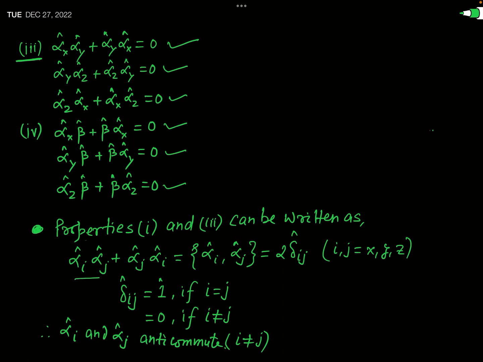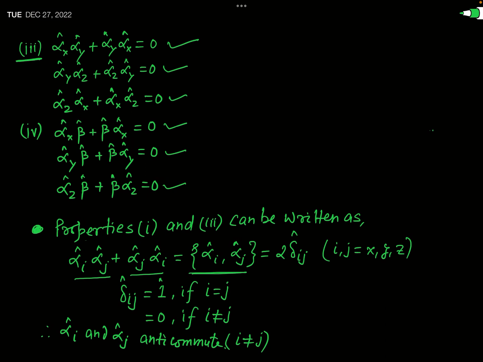You can write alpha I, alpha j plus alpha j, alpha I. And you know that alpha I, alpha j plus alpha j, alpha I is the anti-commutator of alpha I with alpha j. When you write these operators inside curly brackets, that means anti-commutator. Commutator is denoted by square brackets, but curly brackets represent the anti-commutator.